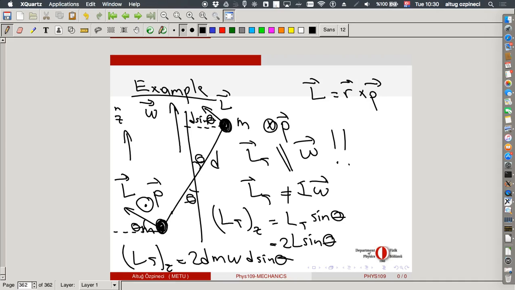So this is L, this is the total, and then we have another sine theta. Well, this is equal to twice m d sine theta squared times omega.